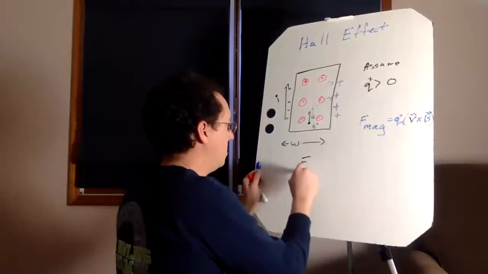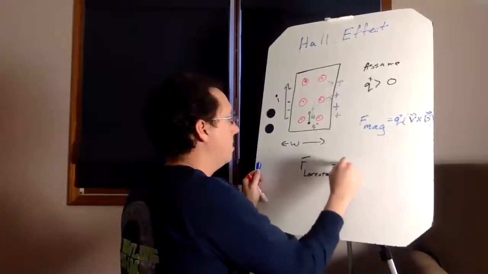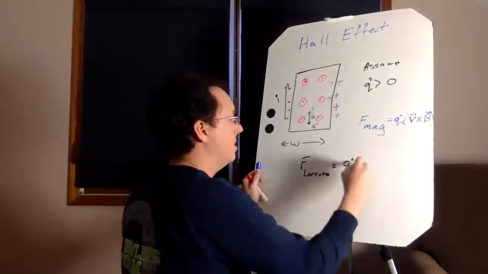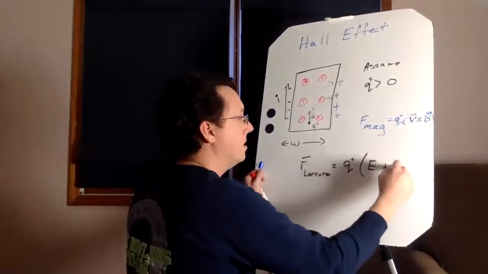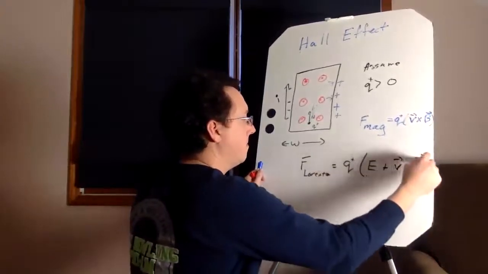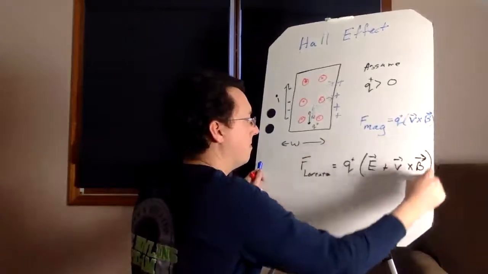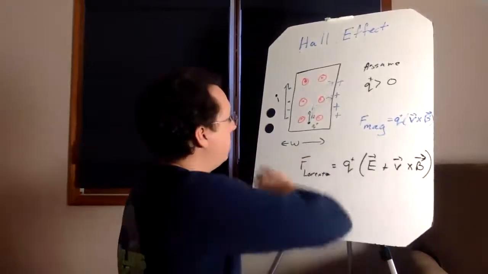So the total force, the Lorentz force, is going to be Q plus times the electric field plus V cross B. And what you should imagine is you run this forever and ever.